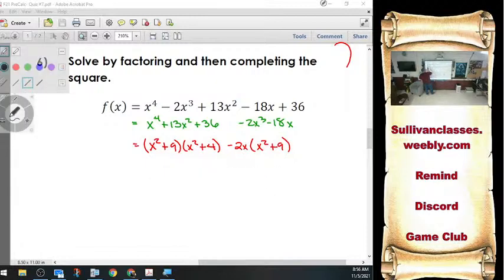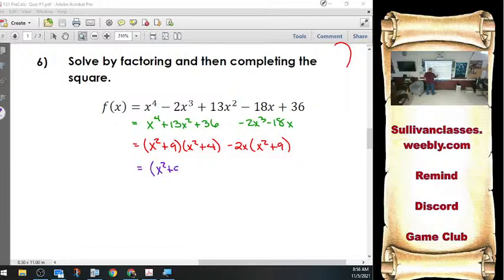They have an x squared plus 9 in common. So if I take x squared plus 9 out, if I factor it out of both, look at what's left. X squared minus 2x plus 4. Are there factors of 4 that add up to negative 2? No. Womp womp.